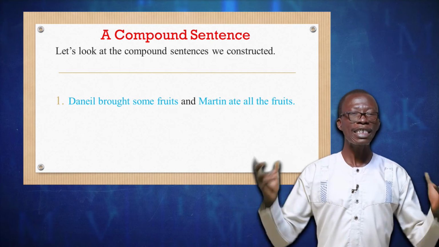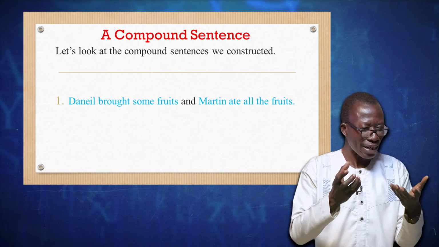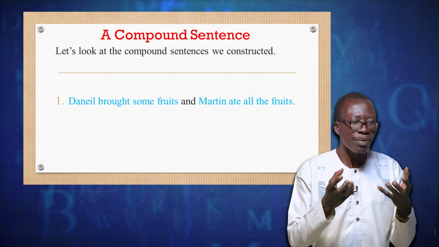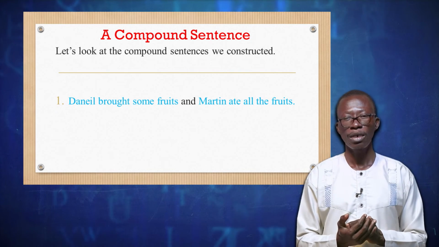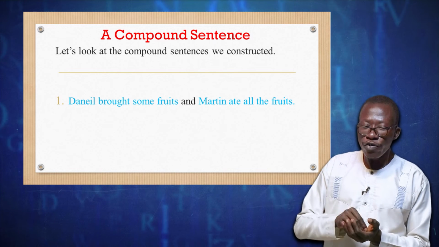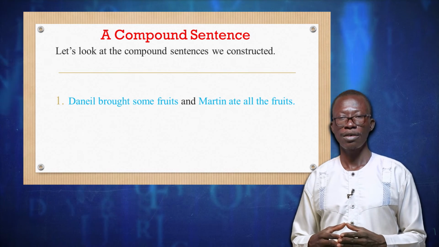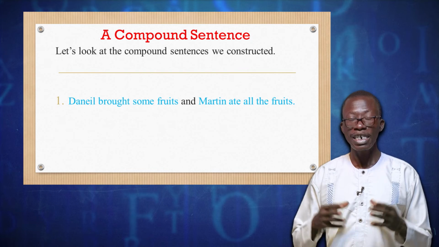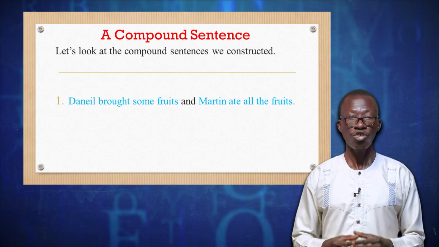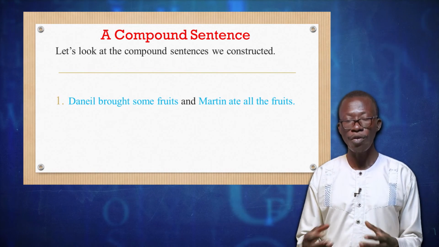So if you're analyzing the meaning, what exactly the speaker is trying to say, you should know that the speaker wants you to understand the fruit indeed was brought, and the fruit indeed were eaten. This is the meaning it gives to anyone listening or reading.